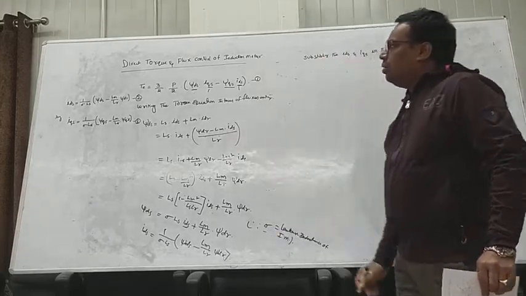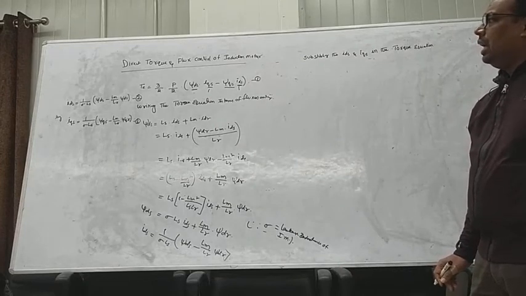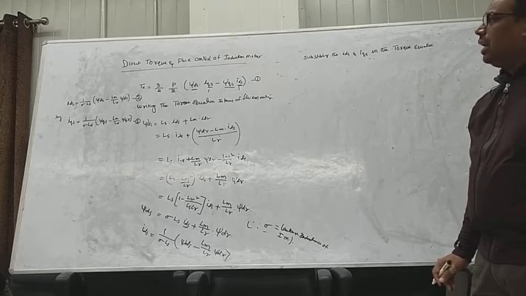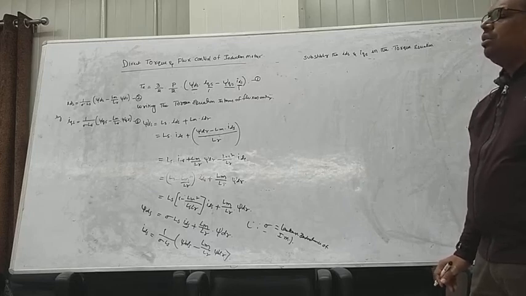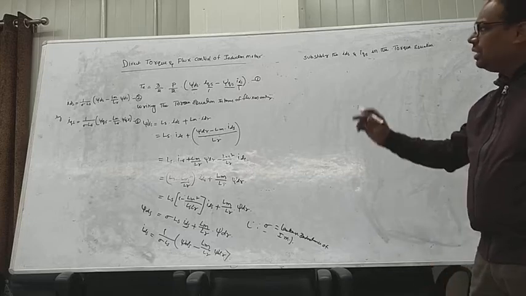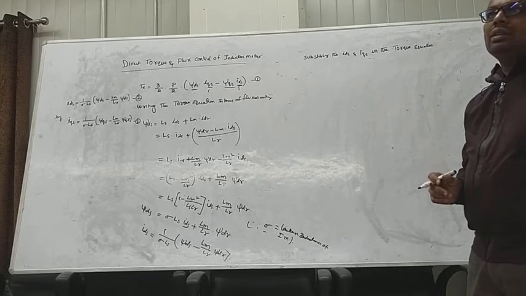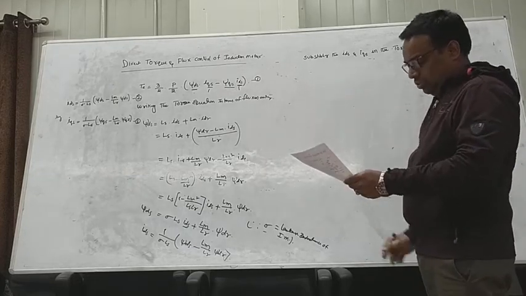So IDS is equal to 1 by sigma Ls into psi ds minus Lm by Lr into psi dr. And similarly, IQS is equal to 1 by sigma Ls into psi qs minus Lm by Lr into psi qr. These are substituted in the original torque equation.